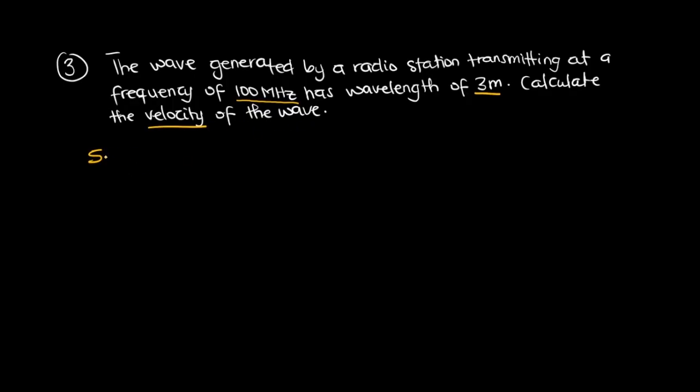So let's write down the parameters that we have: a frequency of 100 megahertz, a wavelength of 3 meters, and we're asked to find the velocity, which we do not know.